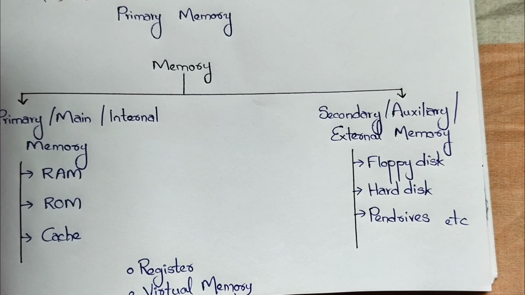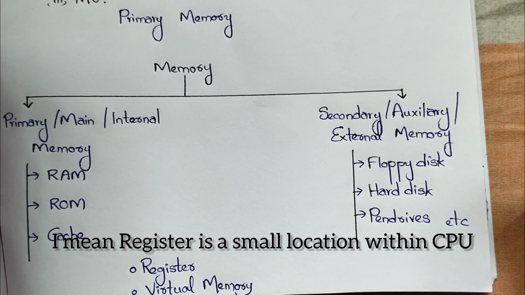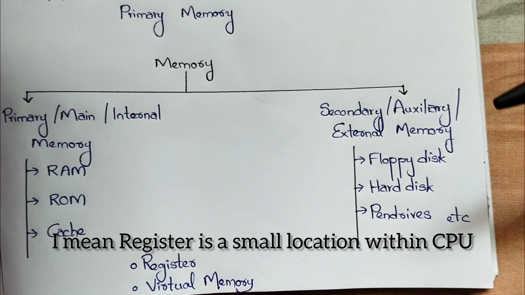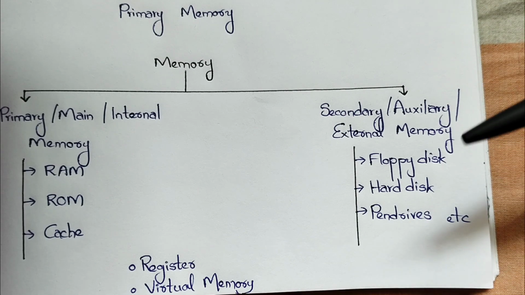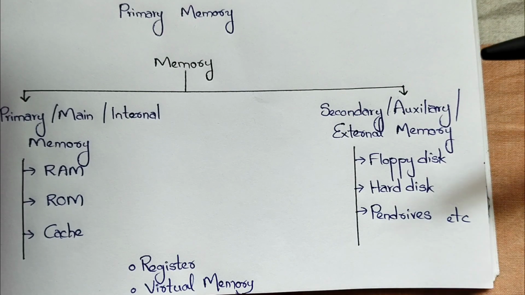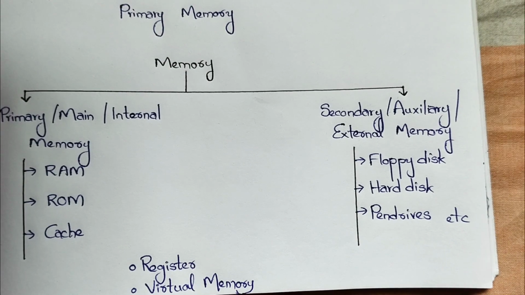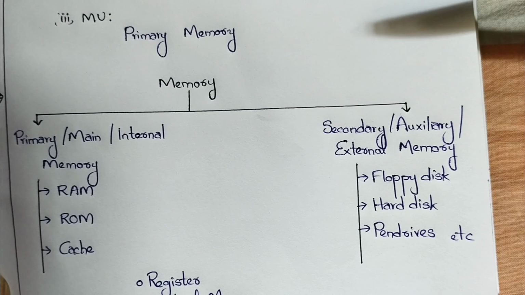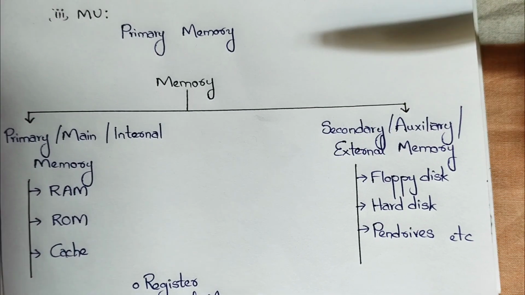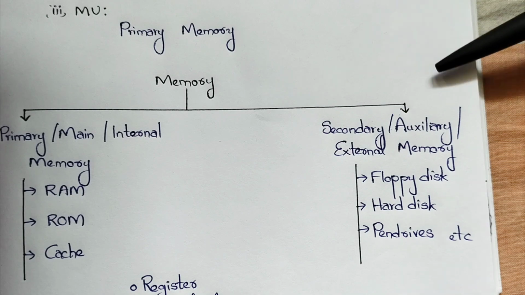Registers are actually the smallest unit of memory. We will learn in detail. While we are discussing the registers, we will also discuss the types of buses, what is a bus, etc. So let's not worry about that. Let's learn about memory. Memory is of two types, primary memory and secondary memory.